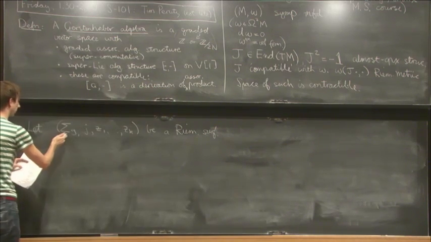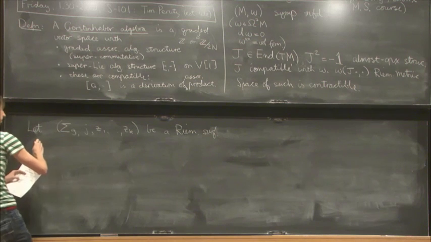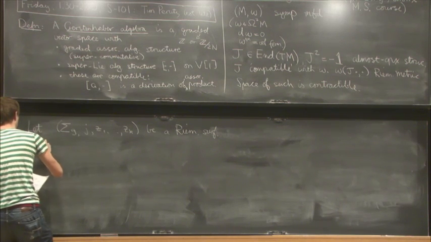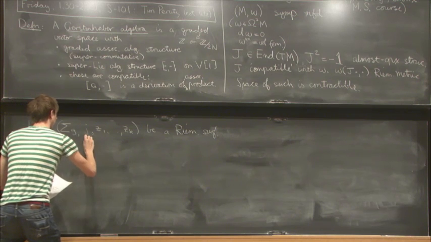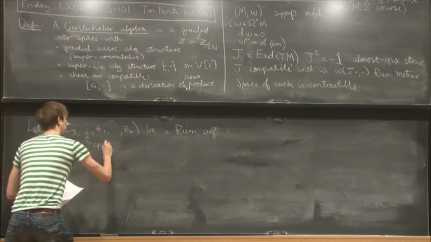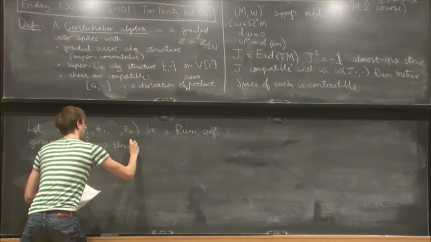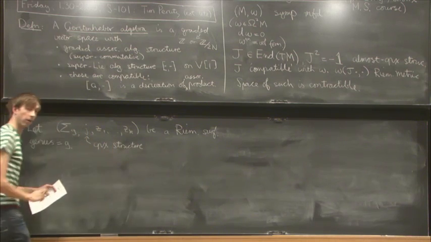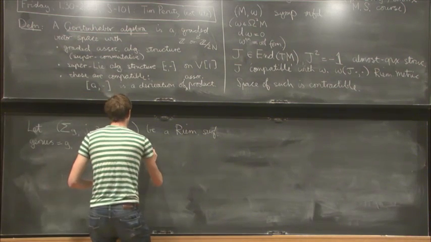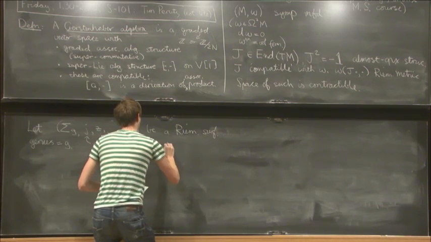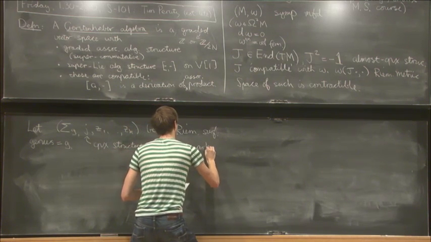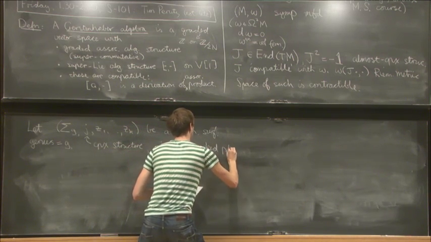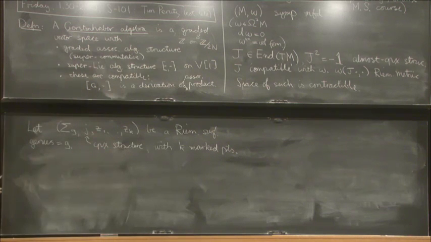Now let Sigma_g be a Riemann surface of genus g. j is a complex structure on our Riemann surface, and it's equipped with k marked points, z_1 through z_k.